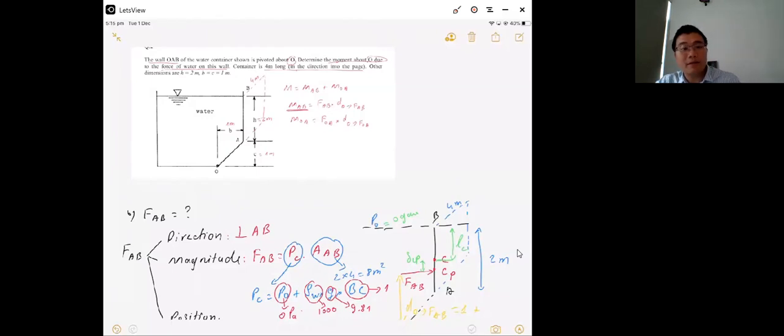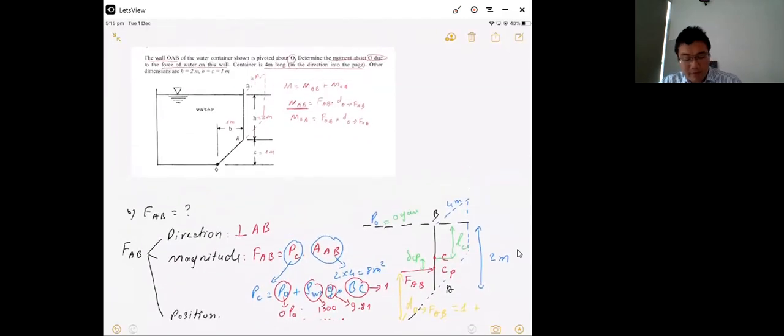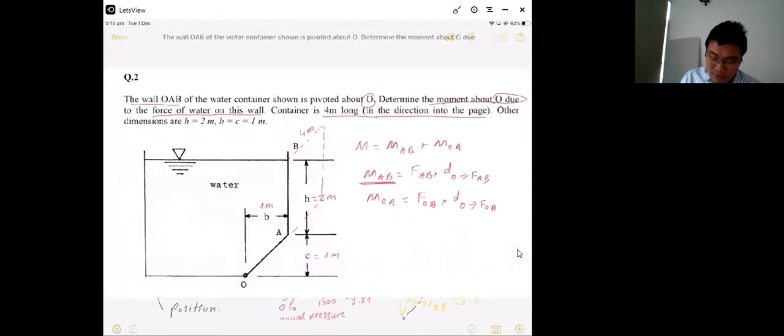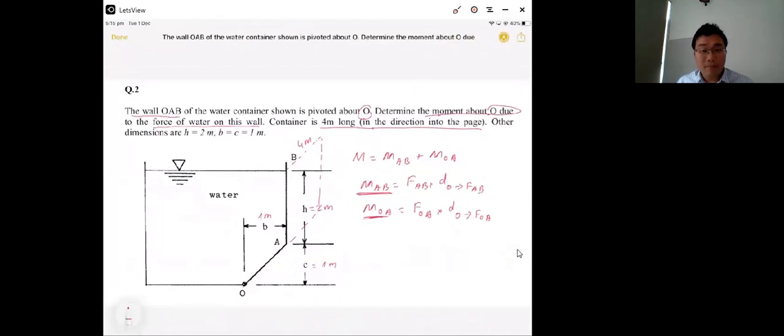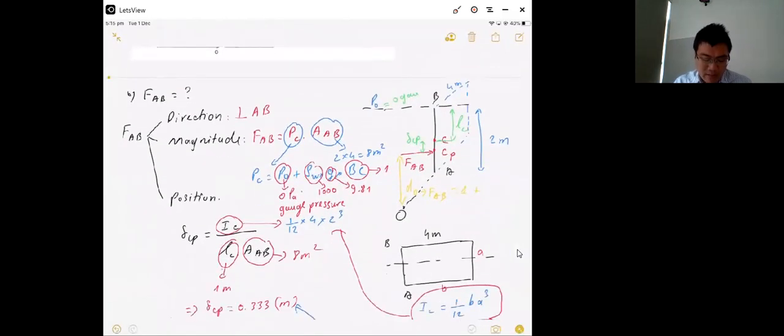You can try to do it by yourself, OA. But here the difference between OA and AB is LC in the delta CP equation.